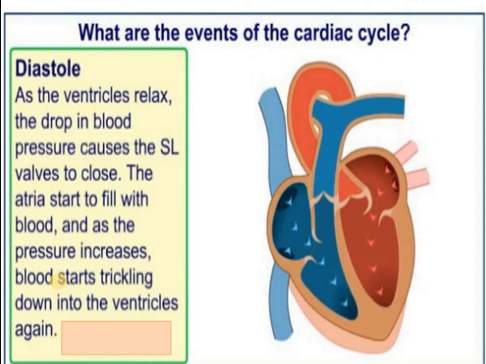The atria start to fill with blood, and as the pressure increases, blood starts to trickle down into the respective ventricles. On the other hand, systole is ventricle contraction. Systole is the state when the ventricles contract and pump the blood into the aortic and pulmonary arch.